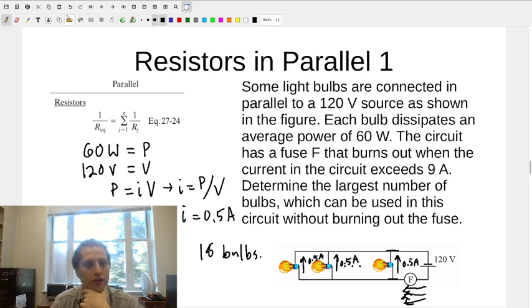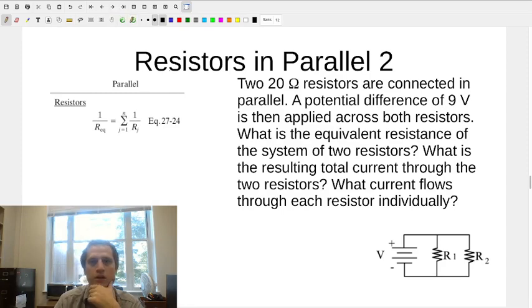I just want to remind you that the key idea is in parallel, you have the same voltage, and it could be a different current for each one depending on if you use different resistances for each one of the bulbs, for instance. So here would be a nice example for resistors in parallel.